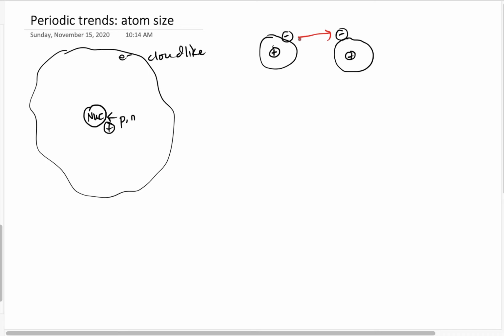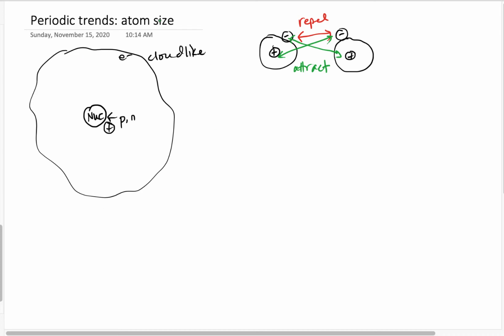The electrons are going to repel each other, but the electrons and the nuclei are going to attract each other. So, depending on how big these atoms are and how big their nuclei are, the amount of repelling and attracting forces is going to also be affected.